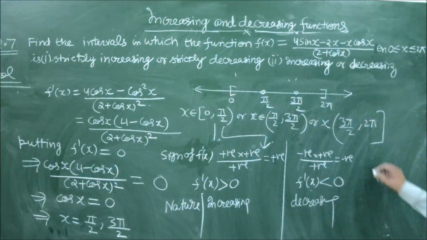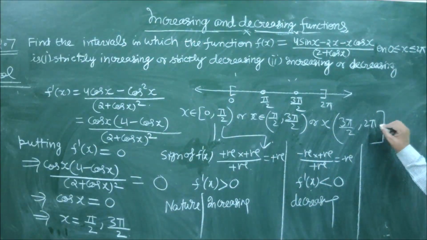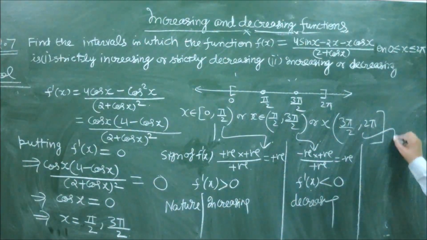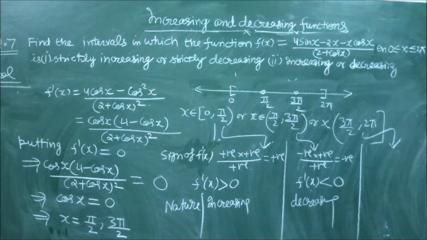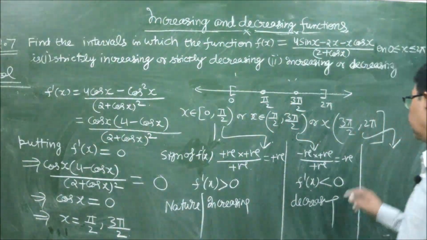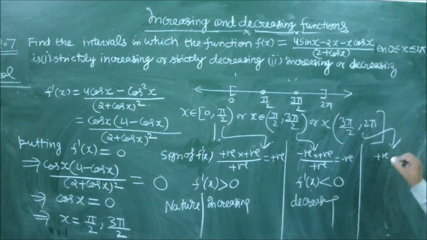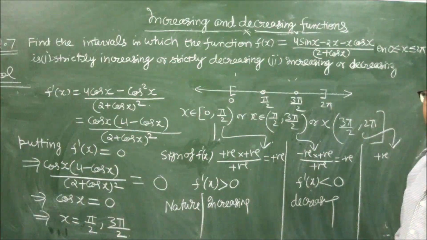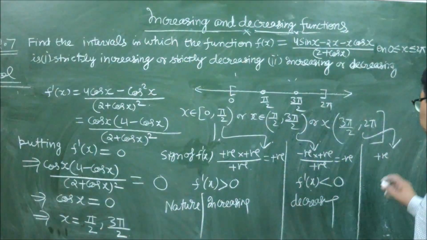The third interval, this was the second interval, and now in the third interval 3 pi by 2 to 2 pi, let us check the sign here. Cos x in this interval is positive, in the fourth quadrant, and 4 minus cos x is positive, because the value of cos x lies between minus 1 and 1.